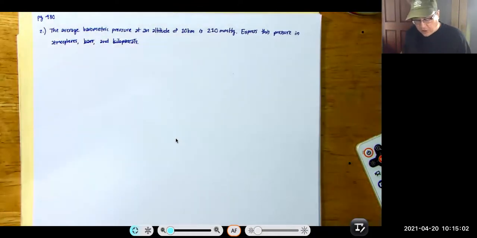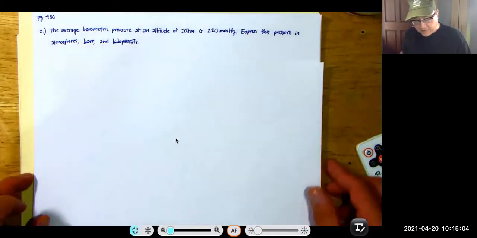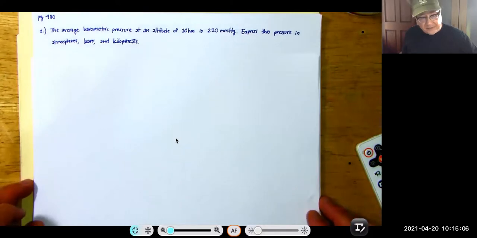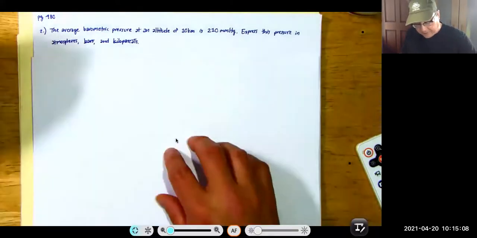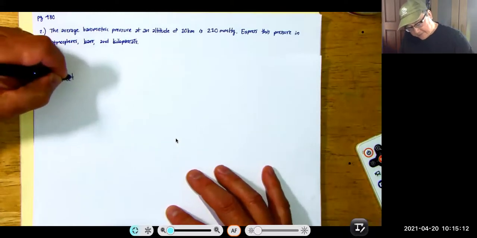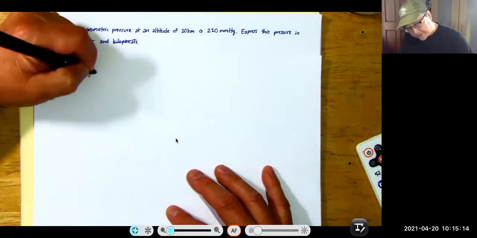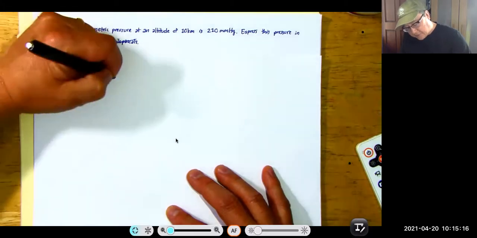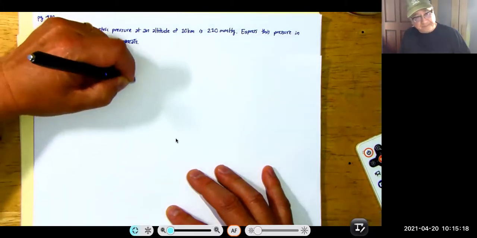So what you should know about millimeters of mercury and atmospheres is the following: one atmosphere exactly is 760 millimeters of mercury exactly.